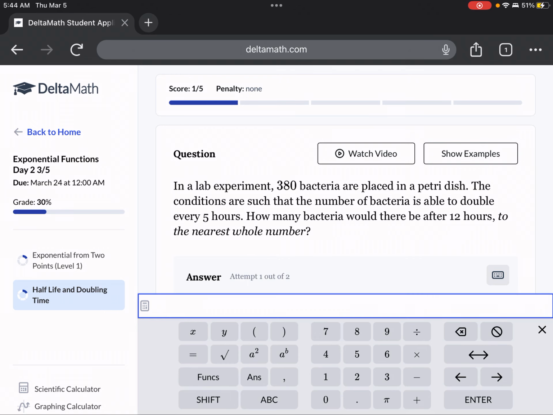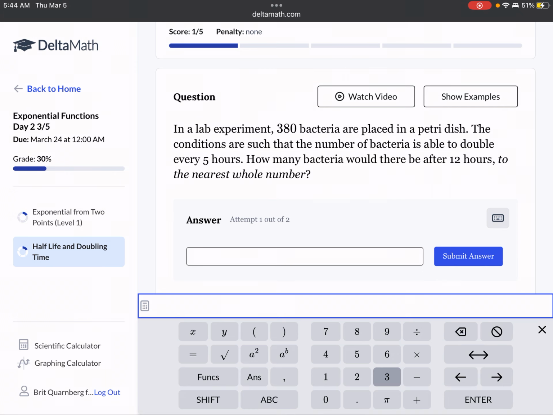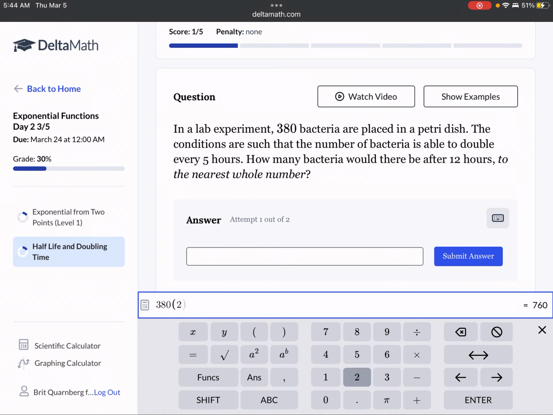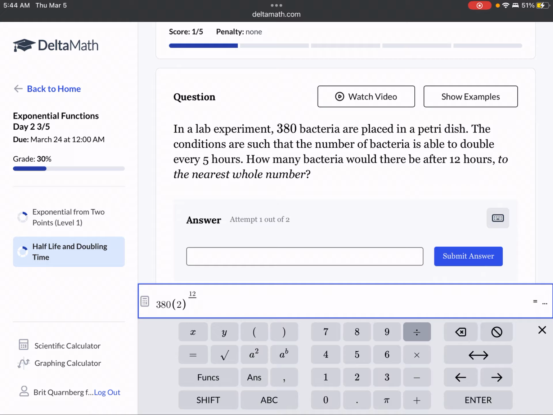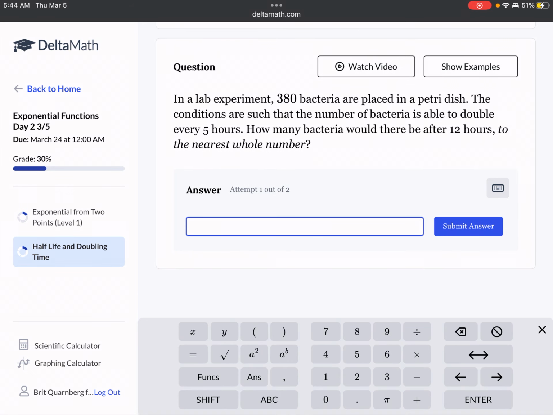And we said it went 380 parentheses 2 close parentheses to the power of 12 divided by 5. And we want it to the nearest whole number. So I have 2005, which would round up to 2006. 2006.